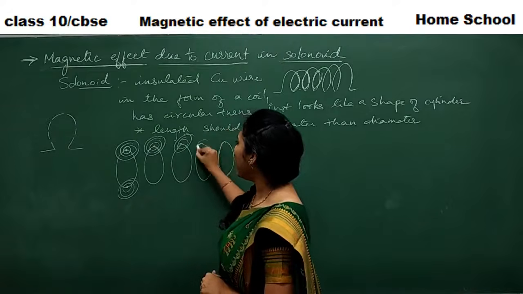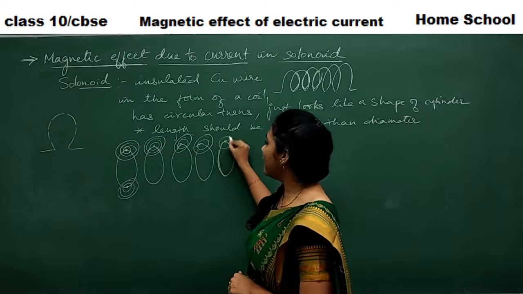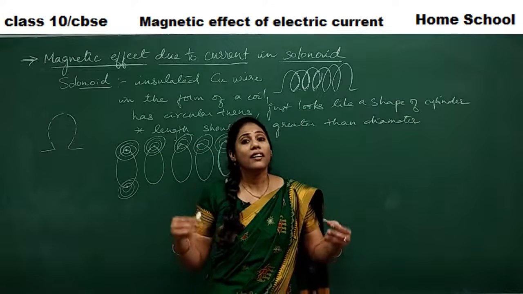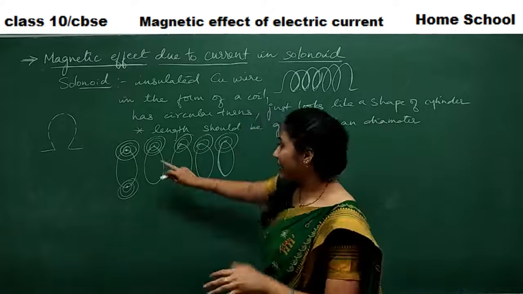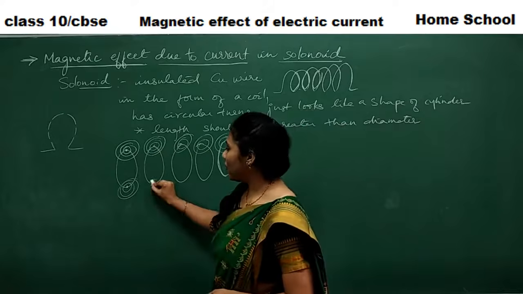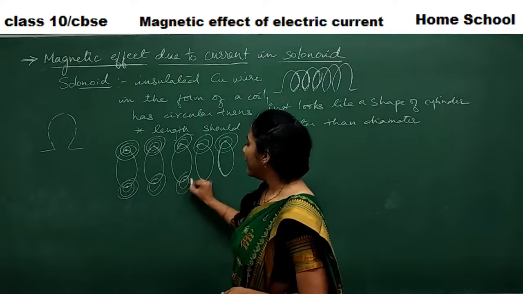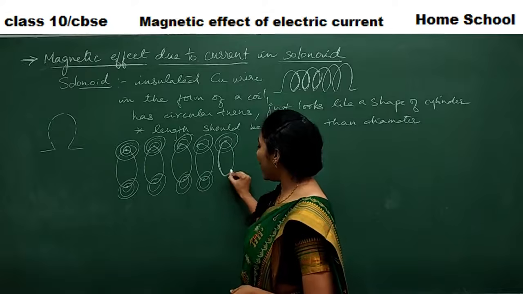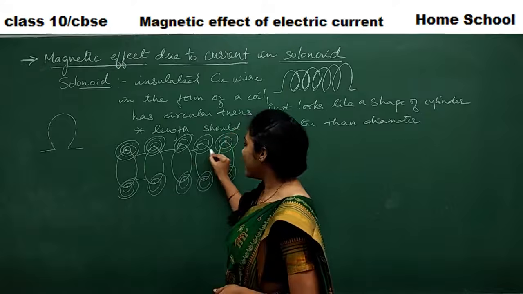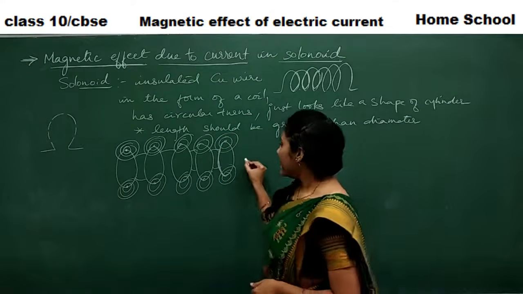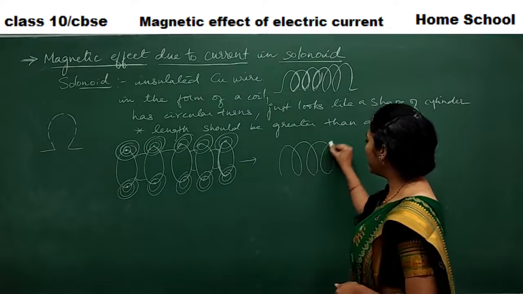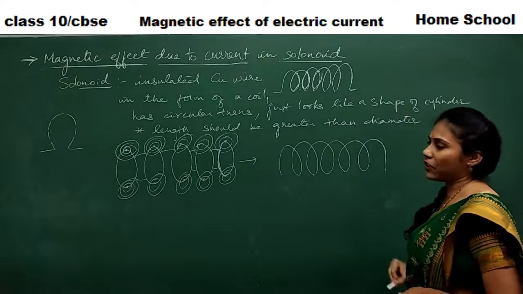Like that, around all the loops, the magnetic field lines appear in the form of concentric loops, both top and bottom. Now if I join all these circular loops, that's how I get a solenoid. When I join all the loops, it looks something like this.